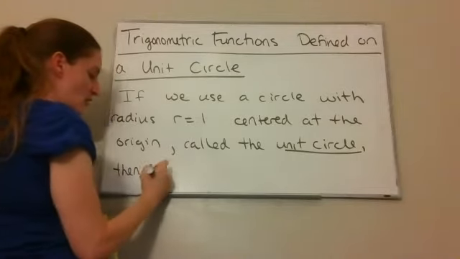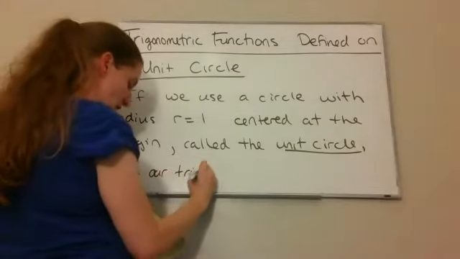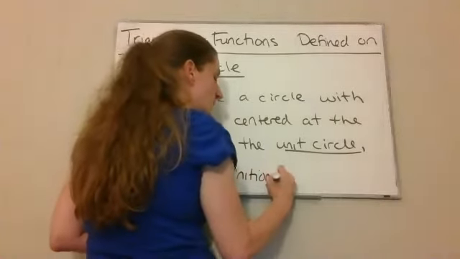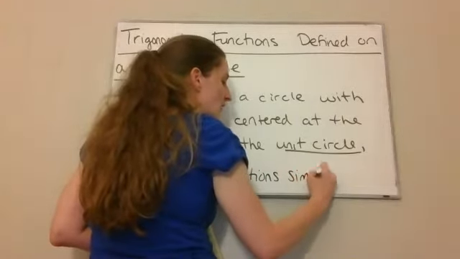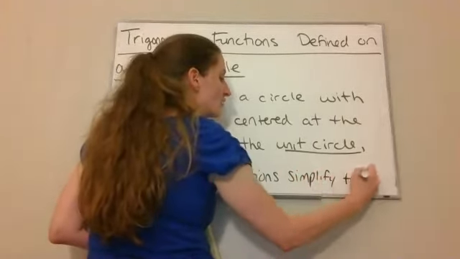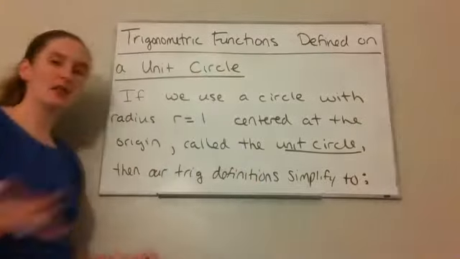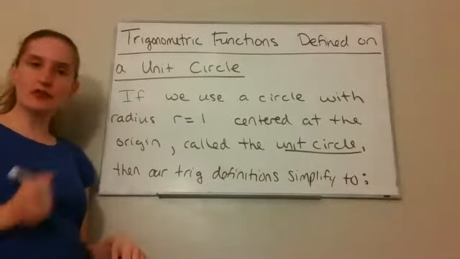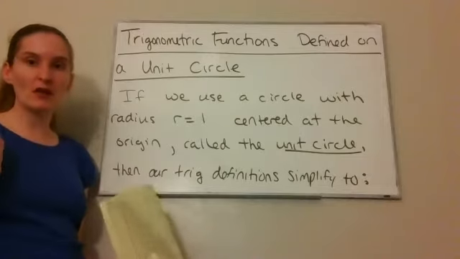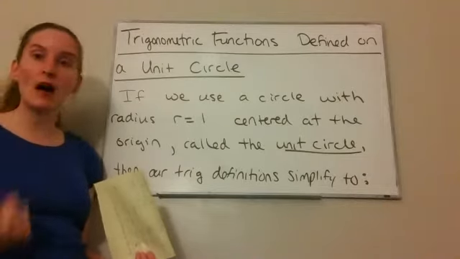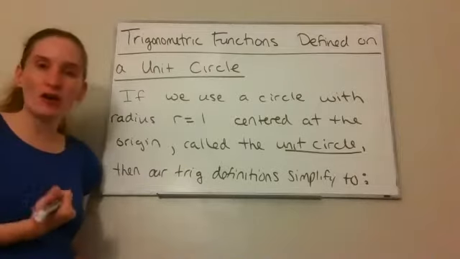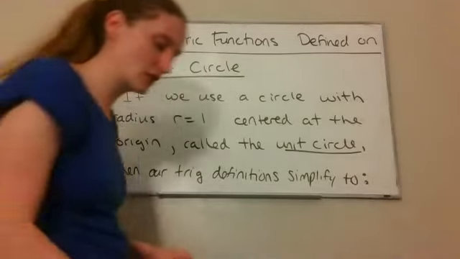Then our trig definitions simplify to, and I'm going to write them all down along with a picture of the circle that I'm talking about. So the trig definitions that we're going to rewrite are ones that involved x, y, and r from our previous video, but now we're going to use r equals 1 for all of those definitions.